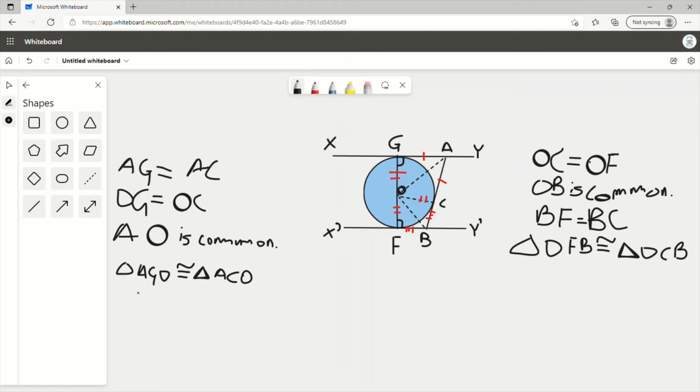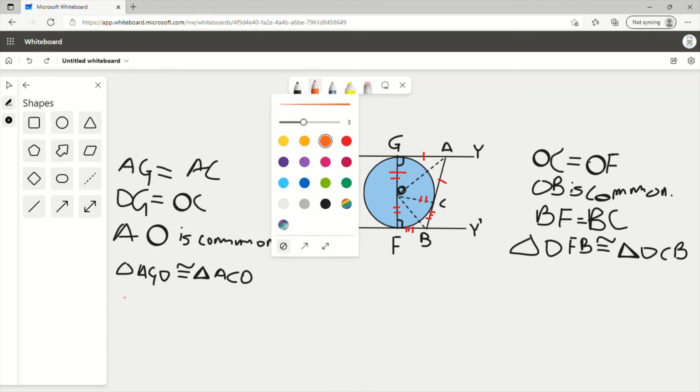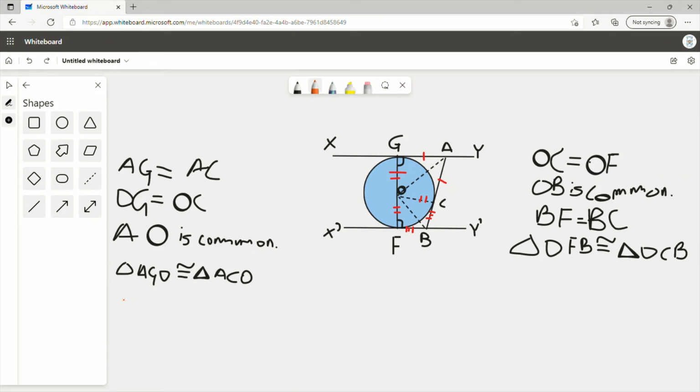So angle GOA equals angle AOC by CPCT because these triangles are congruent.